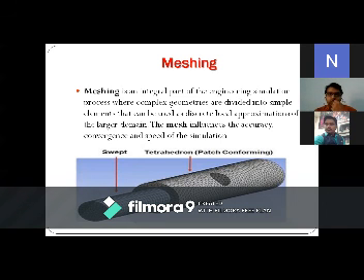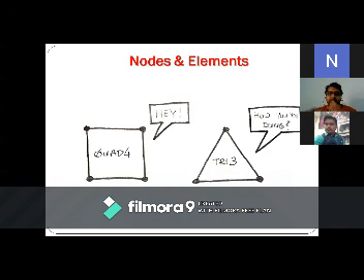First of all, this is the last slide of our presentation, nodes and elements. This is the diagram. We clearly see that this is a triangle, this is a square. When two edges meet, they create one node.